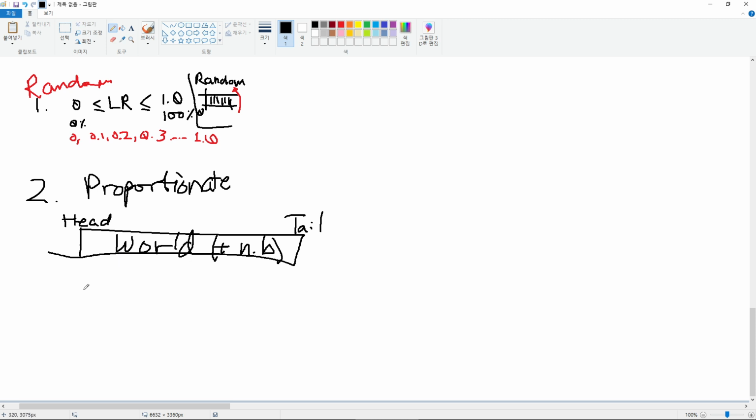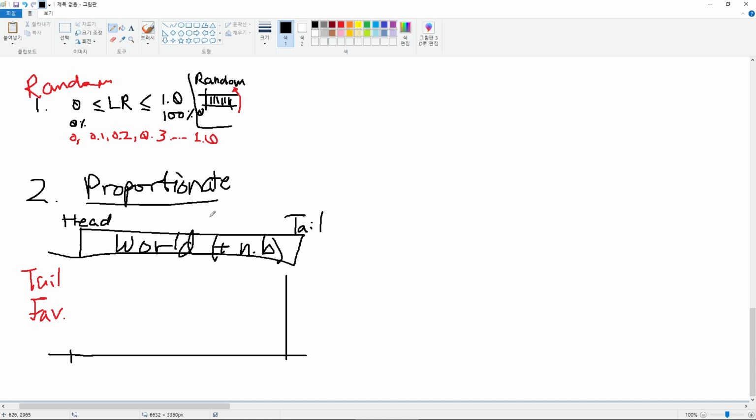So what happens here is, I say proportional because, again, number one, in a tail favored way, I could ensure that the learn rate for the tail entity is the highest and the learn rate for the head entity is the lowest.